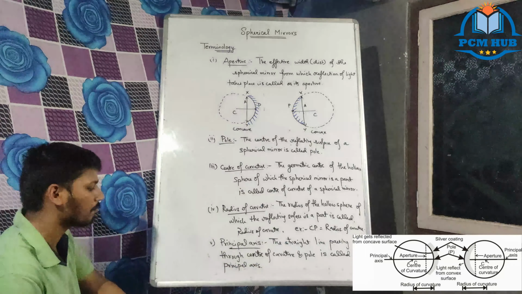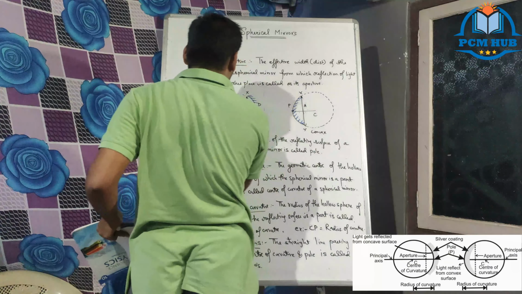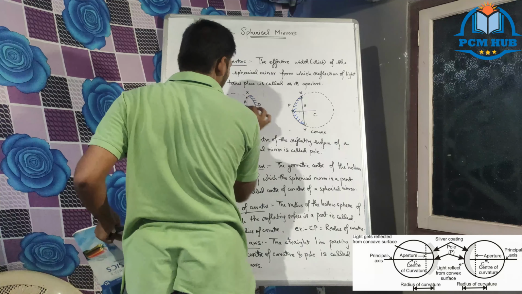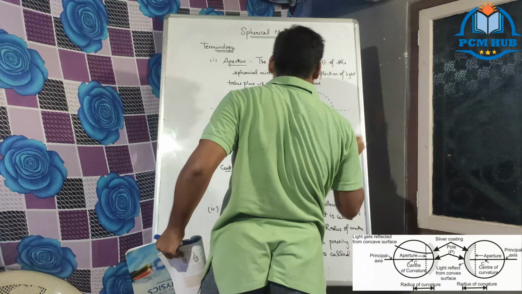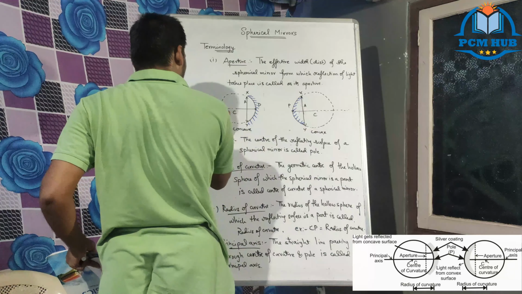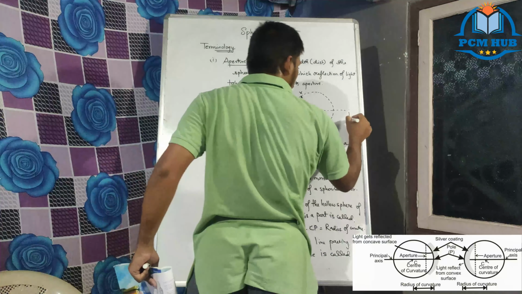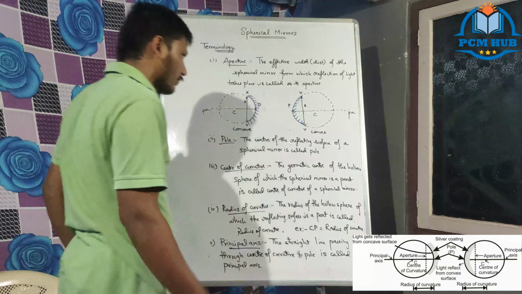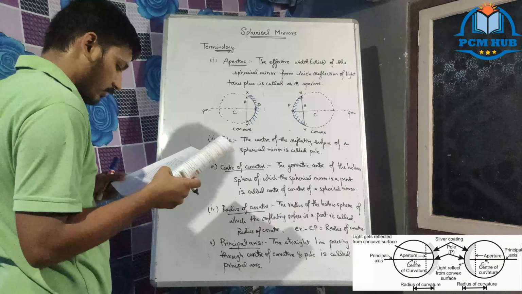We represent the principal axis with a straight line only, but I am representing it here with a dotted line. So this is our principal axis. For both the mirrors I am showing a single one.